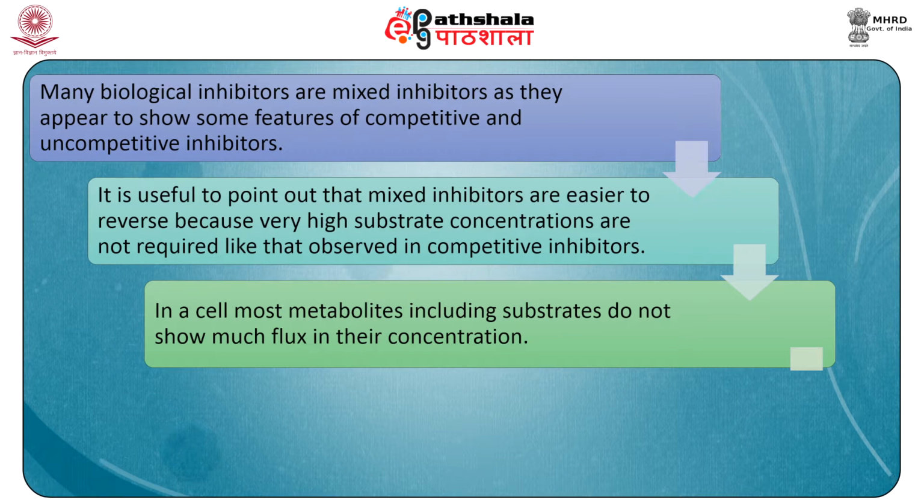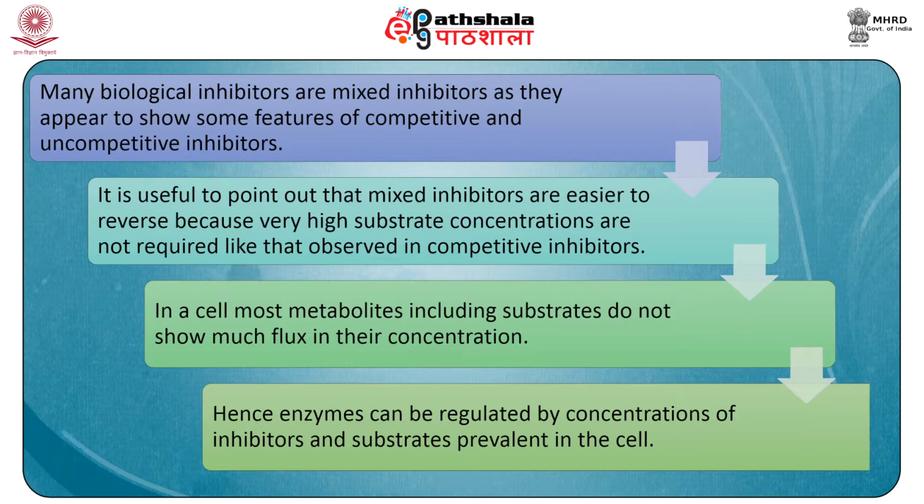In a cell, most metabolites including substrates do not show much flux in their concentration. Hence, enzymes can be regulated by concentrations of inhibitors and substrates prevalent in the cell.